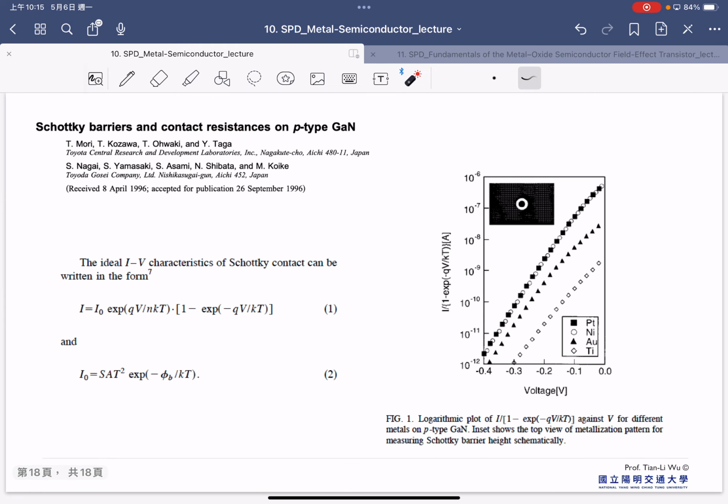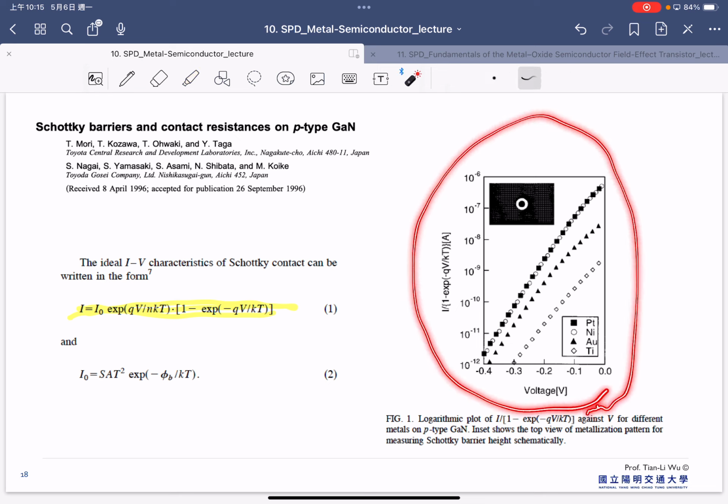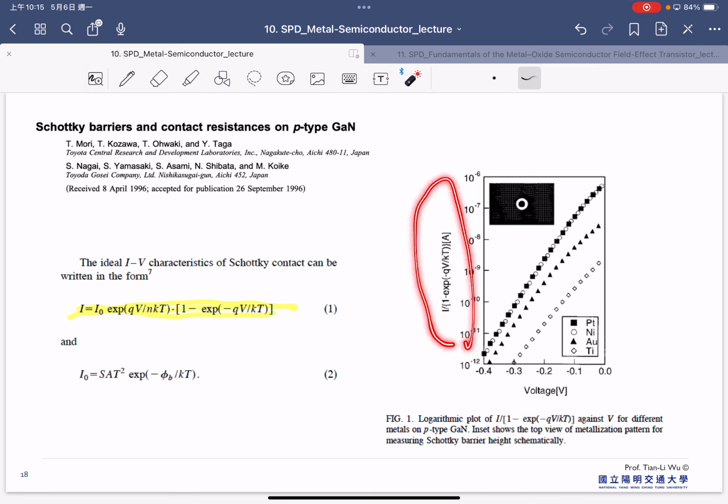Okay, so for sure we will still look at a little bit of detail for this paper. You can see that the equation shown here is not that difficult. It's just a very basic IV curve from the Schottky contact, and this is a curve you should already have a little bit of a sense of, because this is current versus voltage, and if you plot it this way, you can make sure the Schottky barrier is very high.